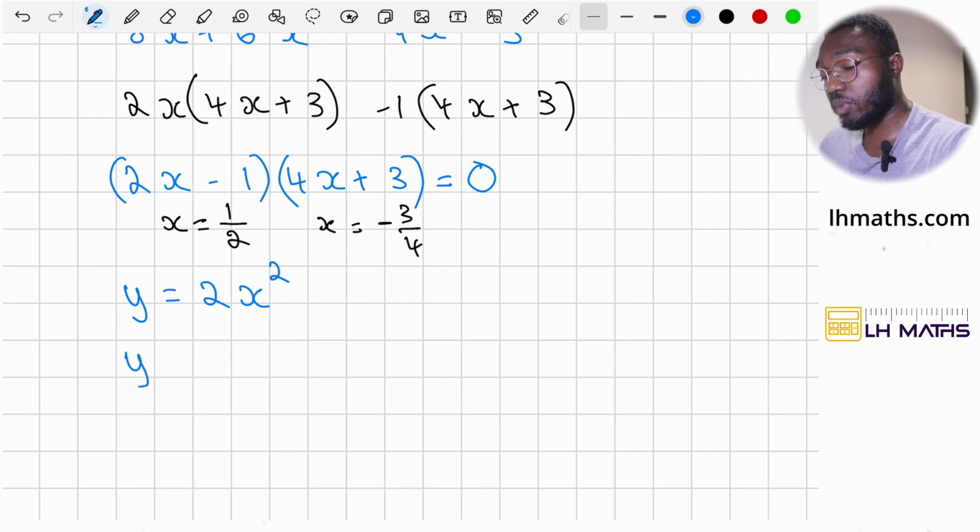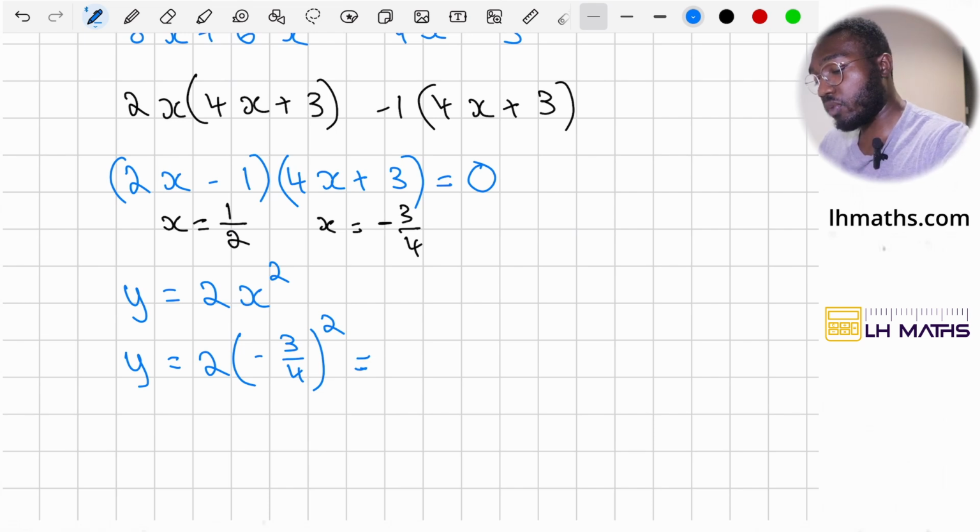So we get y is equal to 2 times minus 3 over 4 squared, which is 2 times minus 3 over 4 times minus 3 over 4, which is a positive 9 over, not 8, 16.